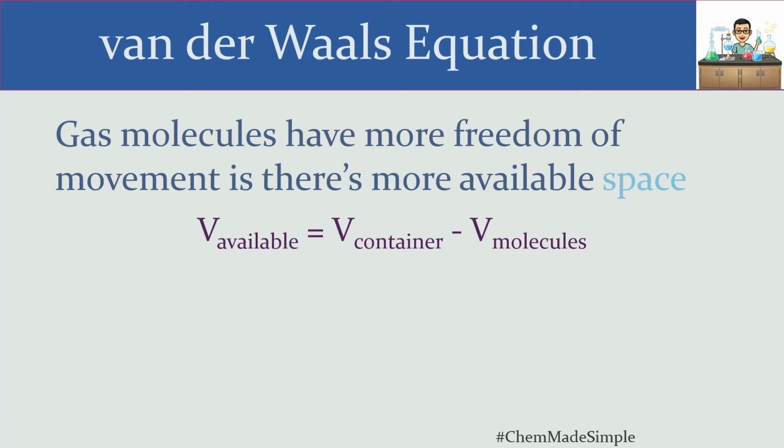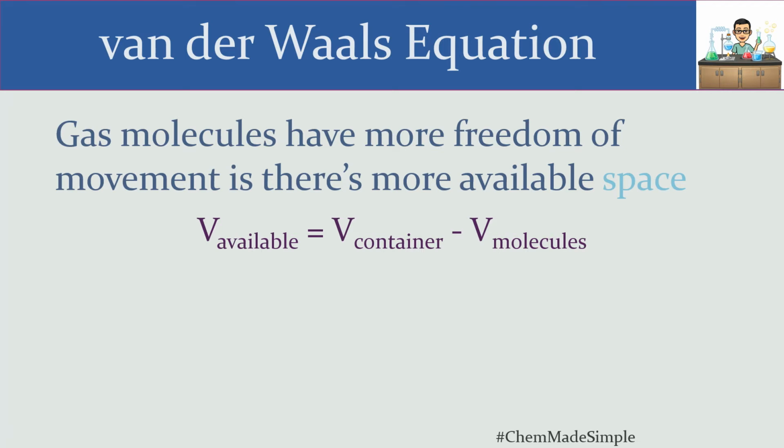The amount of available space that the molecules have is going to be whatever volume the container in which they're housed has, minus the volume of the molecules themselves. If you think of a very small elevator, to figure out how much space is available, we would take how much volume that elevator has when it's completely empty, and then subtract from that the volume that's taken up by the people in the elevator.